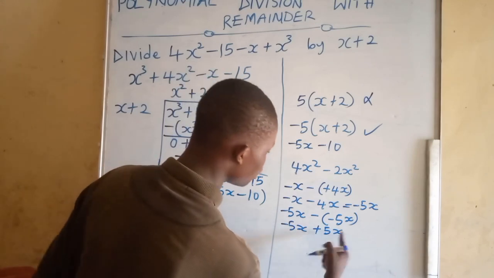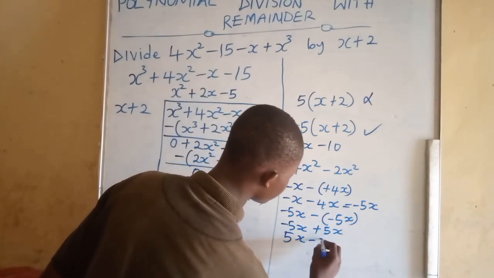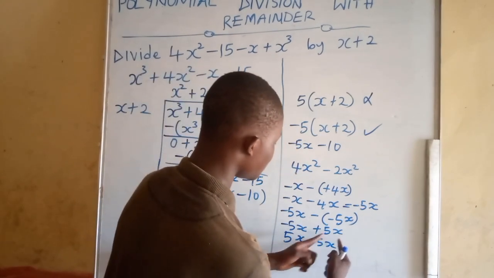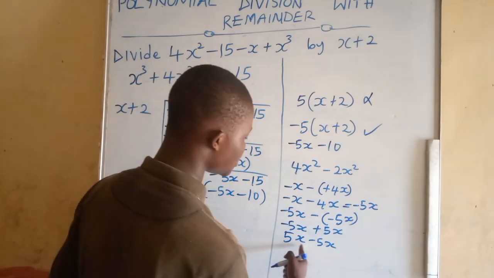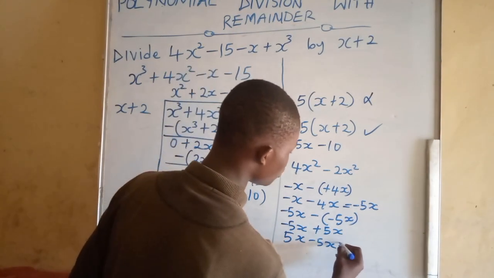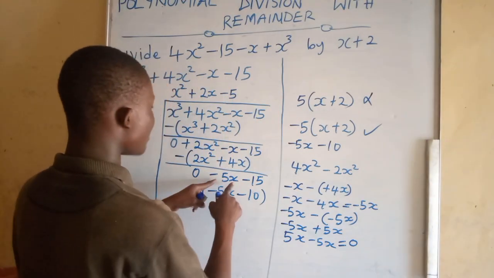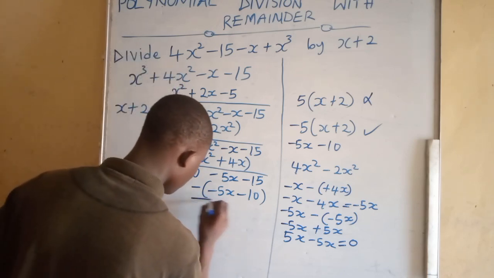And what is here is also the same thing as writing 5x minus 5x. If we bring this 5x here and we bring this minus 5x here, it is very easy to know that this thing is equal to 0. That means that minus 5x minus minus 5x will give us 0.